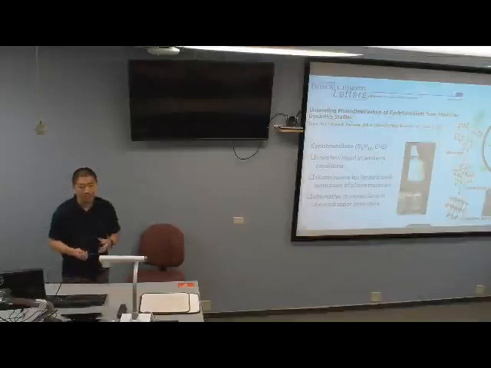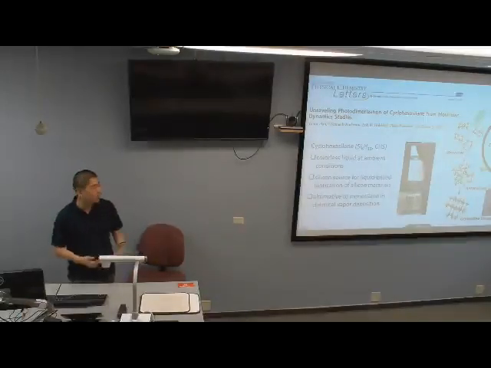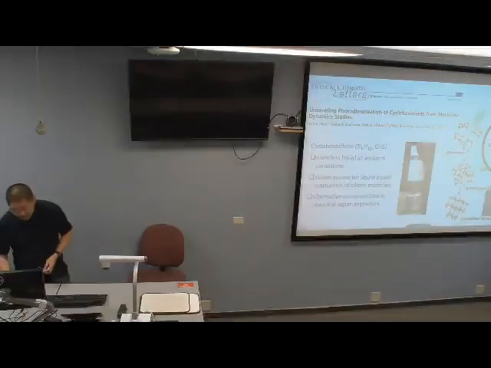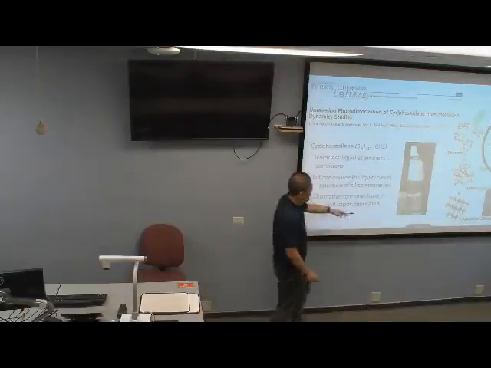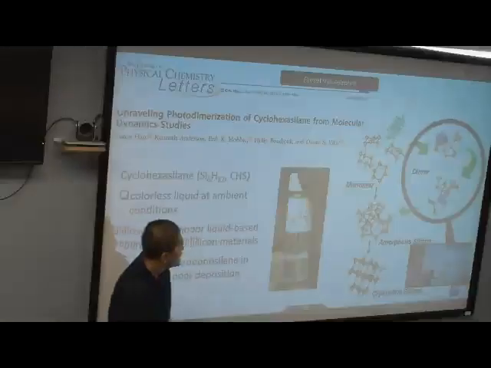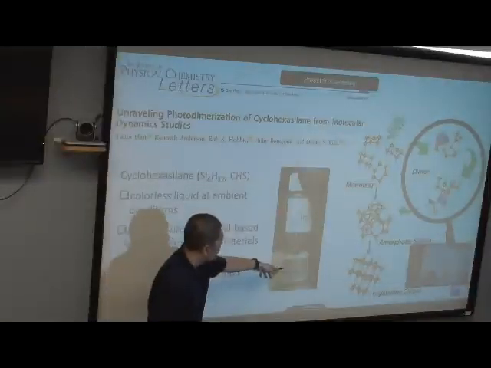For example, you can use them to fabricate silicon quantum dots, silicon nanowires, and thin films as well. It is also a good alternative to monosilane in chemical vapor deposition technique. So this is a picture of CHS. As we can see, it is a colorless liquid.